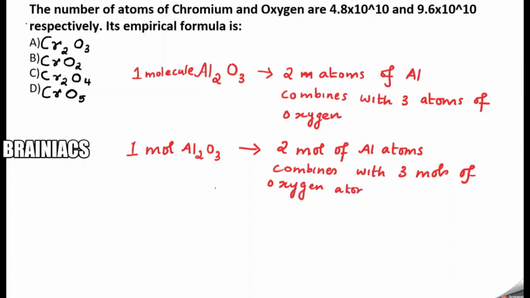Now, even this can be interpreted in another way. 2 moles of aluminum atoms means what actually? 1 mole is equal to Avogadro number.